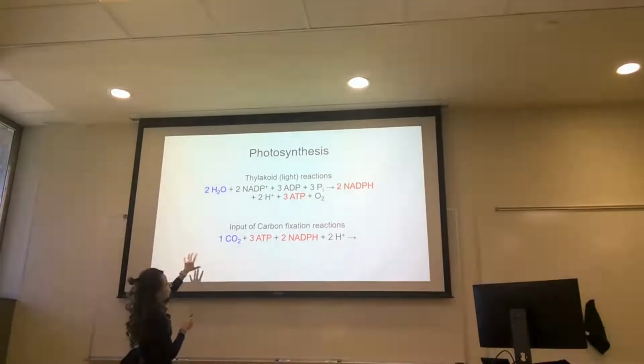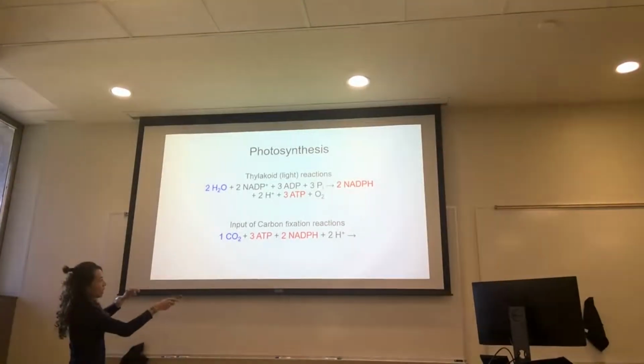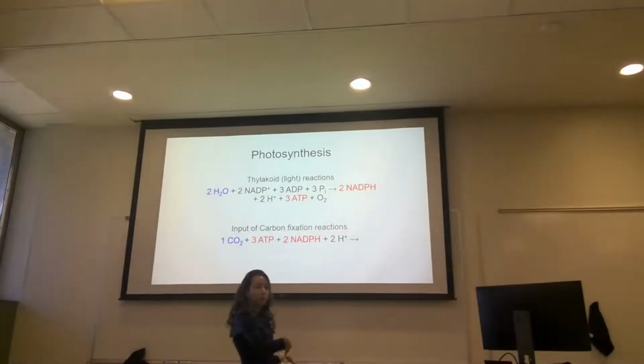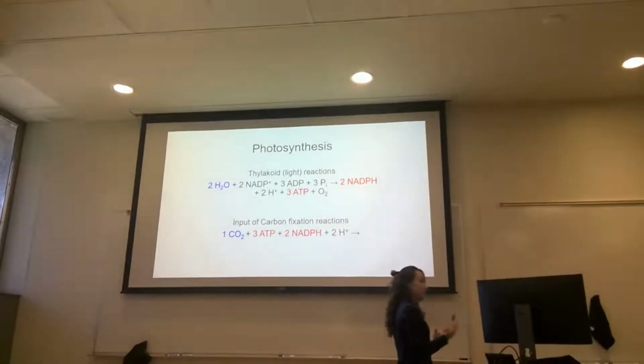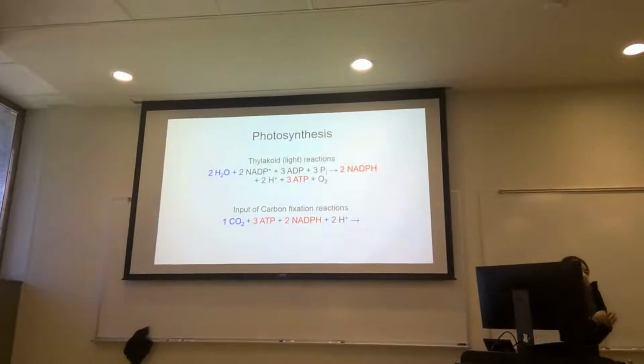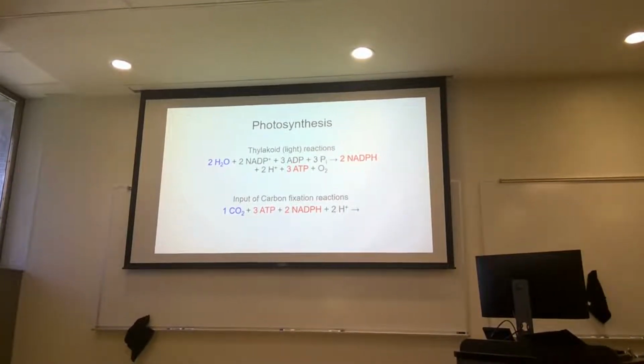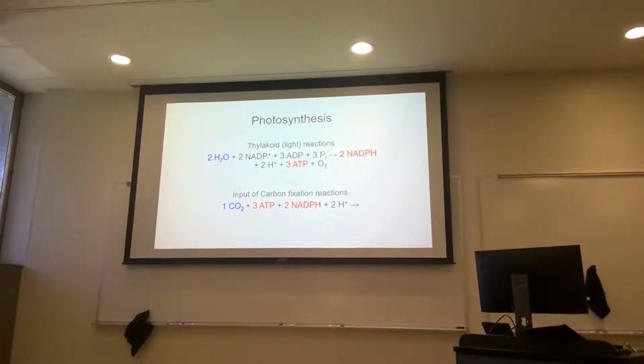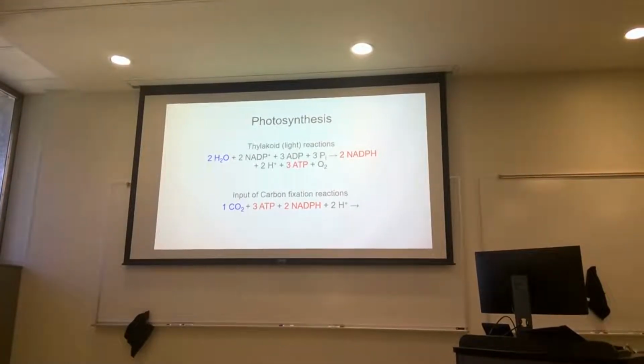The oxidation of these 2 molecules of water gives you enough energy to fix one carbon. So that output, in theory, if everything works as math and chemistry in a book, should be a direct balance of everything.